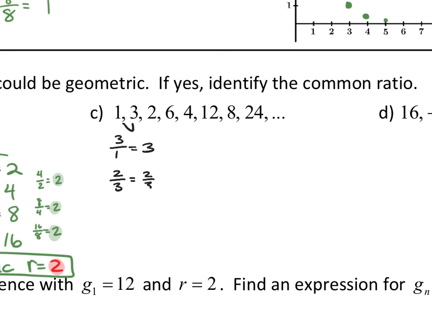Well, that's just 2/3. That's the change between these two. Are those the same number? All right, immediately I know it's not following a consistent pattern. I could do more if I wanted to guarantee it for myself, but I know right away that this is not geometric, because even just the first 2 terms don't change by the same ratio. I'd have to multiply by different numbers to get that to happen.